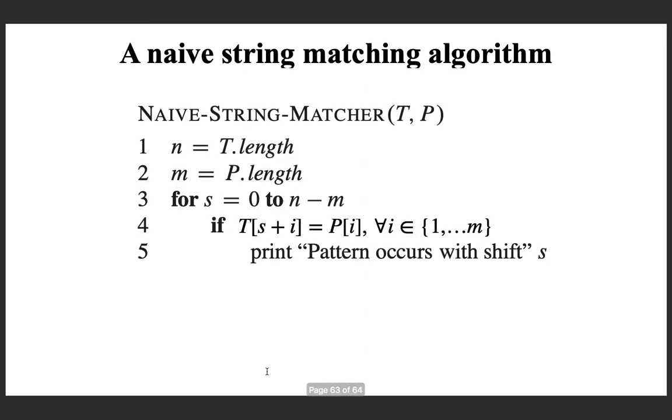Yeah, then we can now look at a very simple and straightforward naive string matching algorithm. What it is doing is, it is taking a text input and a pattern input as input to the function. Then it gets the number of characters in the text as n, and the number of characters in the pattern as m.